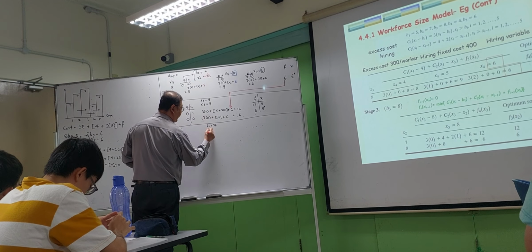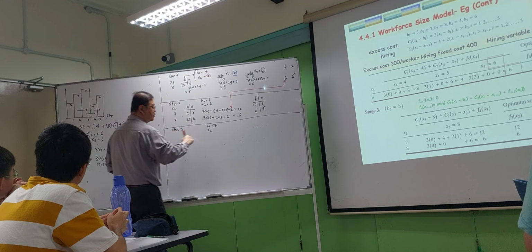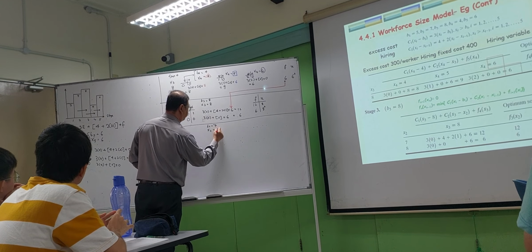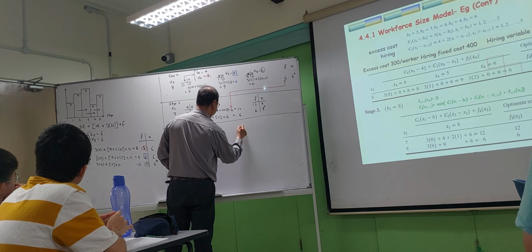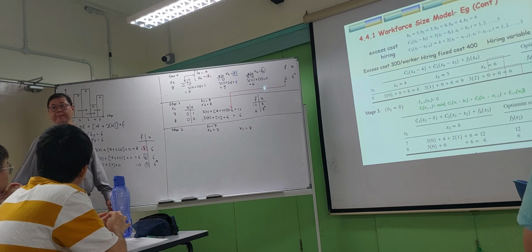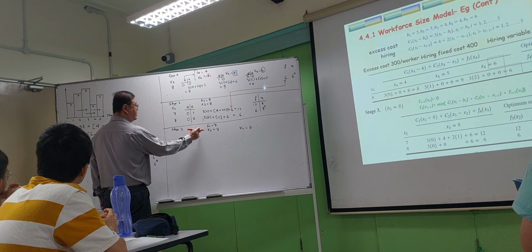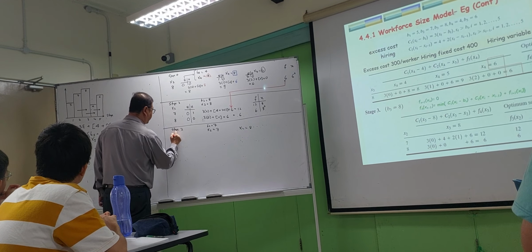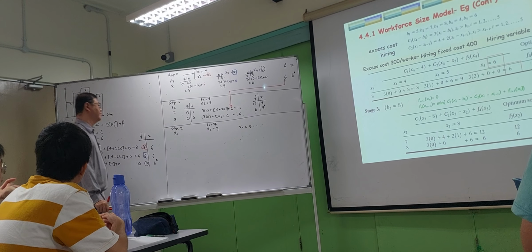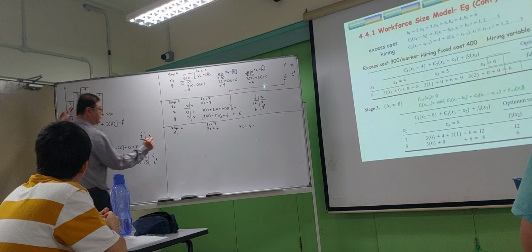Okay, then we look at X2. X2, you transfer from vertical to horizontal. Okay. Then we look at X1. X1 equal to 5.